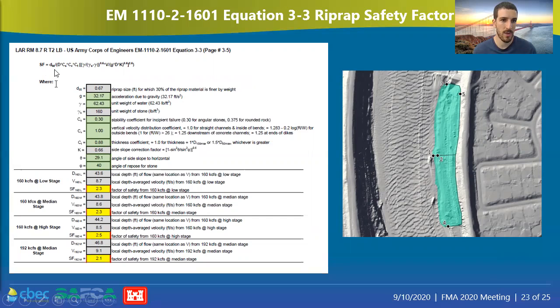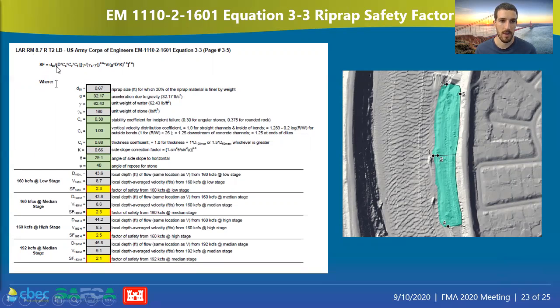So equation 3-3 is usually set up to solve for the D30, so the 30th percentile of the riprap material, where 30% is finer by weight, and it's a length measurement, such as, in this case, we have 0.67 feet is the D30. So the typical equation is set up to solve for the D30, but in this case, since we're evaluating existing riprap, we know what the D30 is because we went out in the field and measured it. So we reorganize the equation in order to solve for the safety factor.